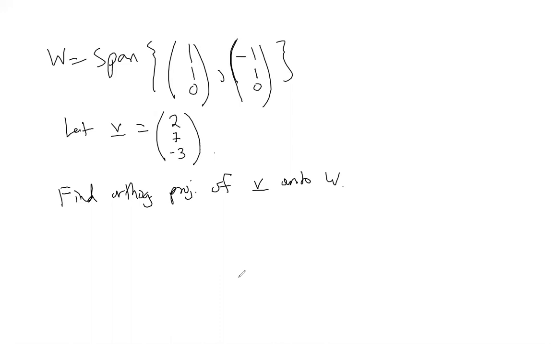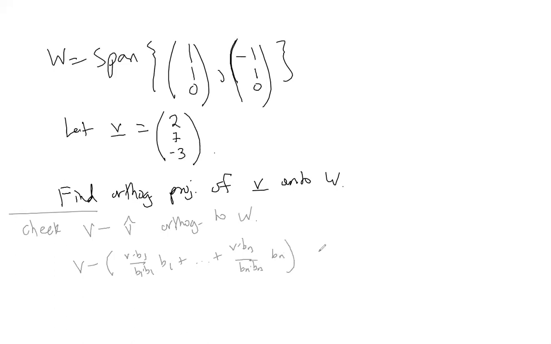You should check that V minus V hat is orthogonal to W, which means that you should check that V minus V hat, this sum of coefficients, has dot product with each Bi equal to 0. And that's just, you distribute and you see that it is.